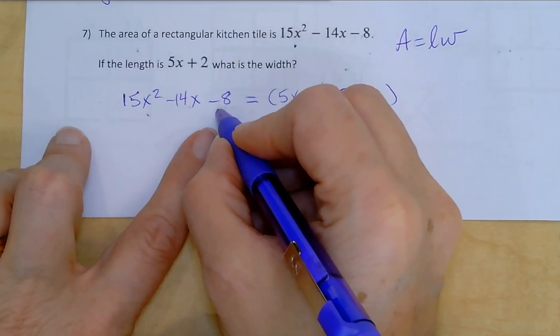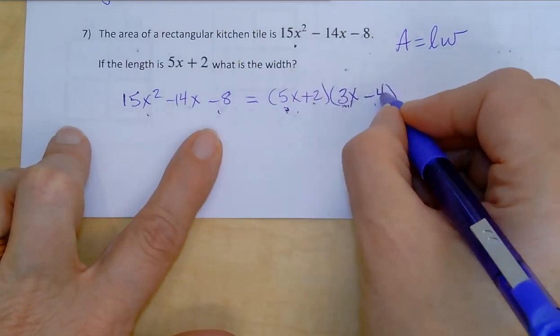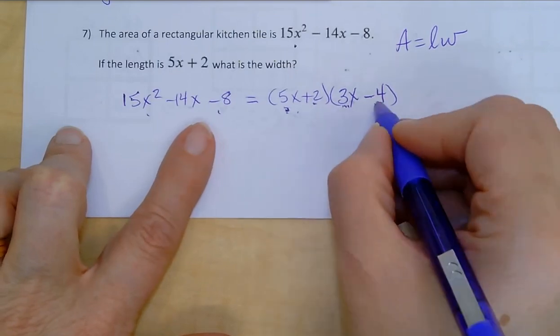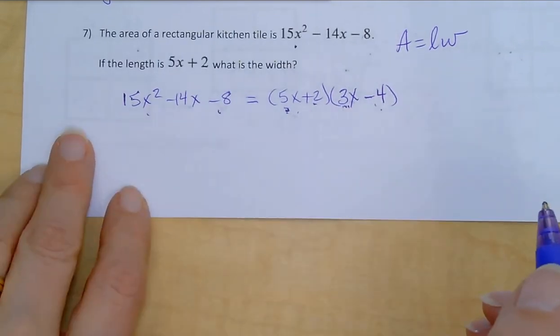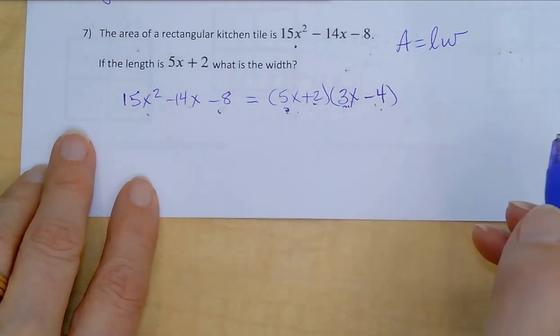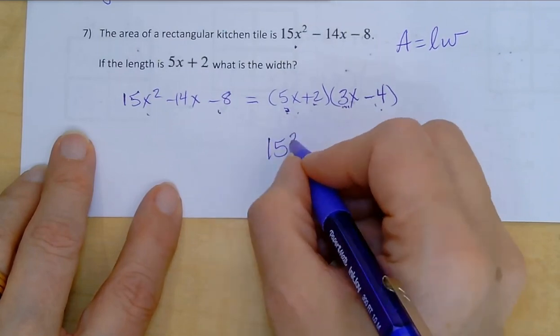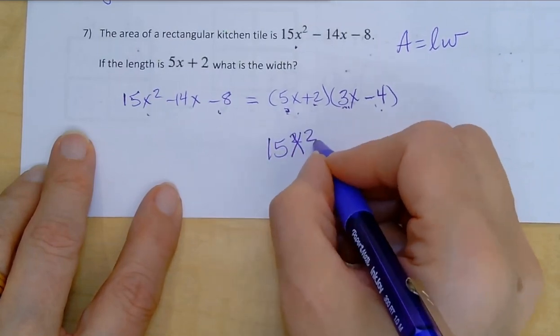My last term is going to be negative 8. So 2 times what equals negative 8? Negative 4. That's the only way for those last two terms to multiply and give me negative 8, right? So I'm hoping that works because there's nothing else that's going to work. So let's see. 5x times 3x, I'm checking now, is 15x squared.